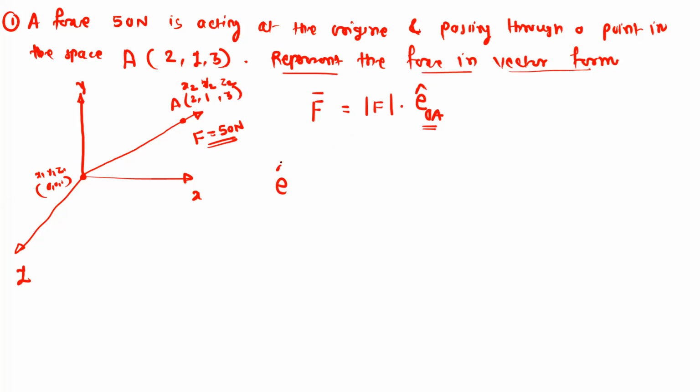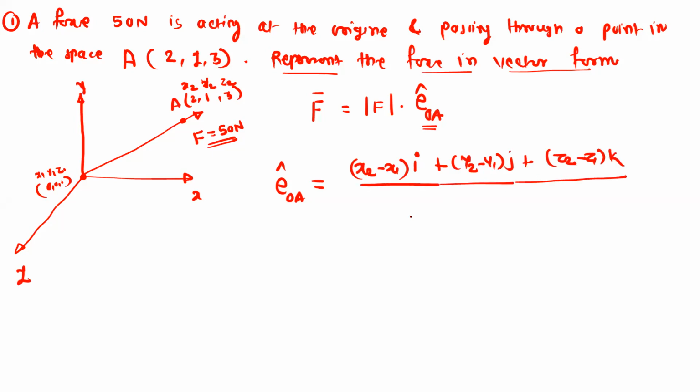So this unit vector OA is equal to x2 minus x1 into i plus y2 minus y1 into j plus z2 minus z1 into k, divided by the modulus of that vector.